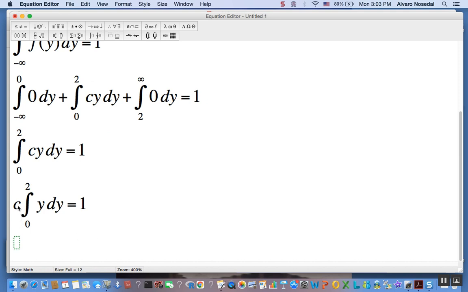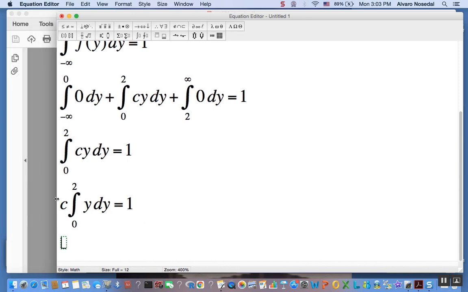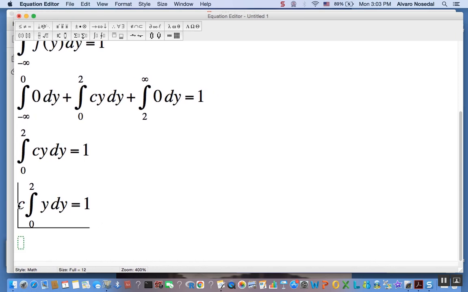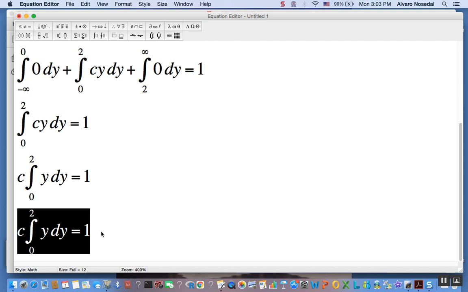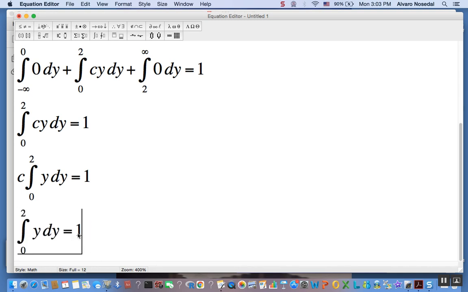And then if we divide by c on both sides, we would have the following relationship, that 1 over c happens to be the integral of y dy from 0 to 2. So if we find the value of that integral, we're going to have the reciprocal of the constant that we're looking for. Okay?